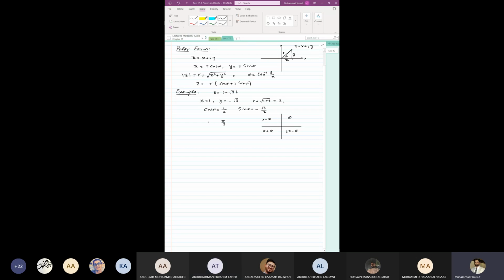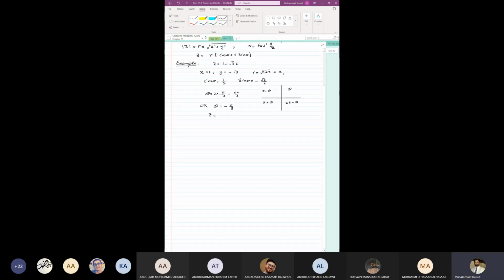So our theta is actually 2 pi minus pi over 3, so 5 pi over 3. There is another way: you can write theta equal to negative pi over 3. Either one you can write. Both are correct.